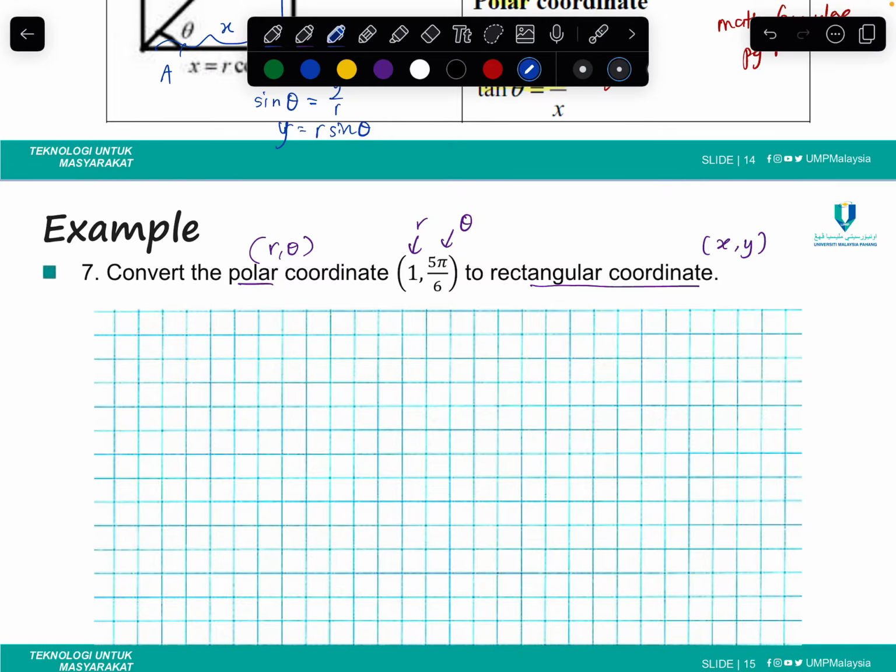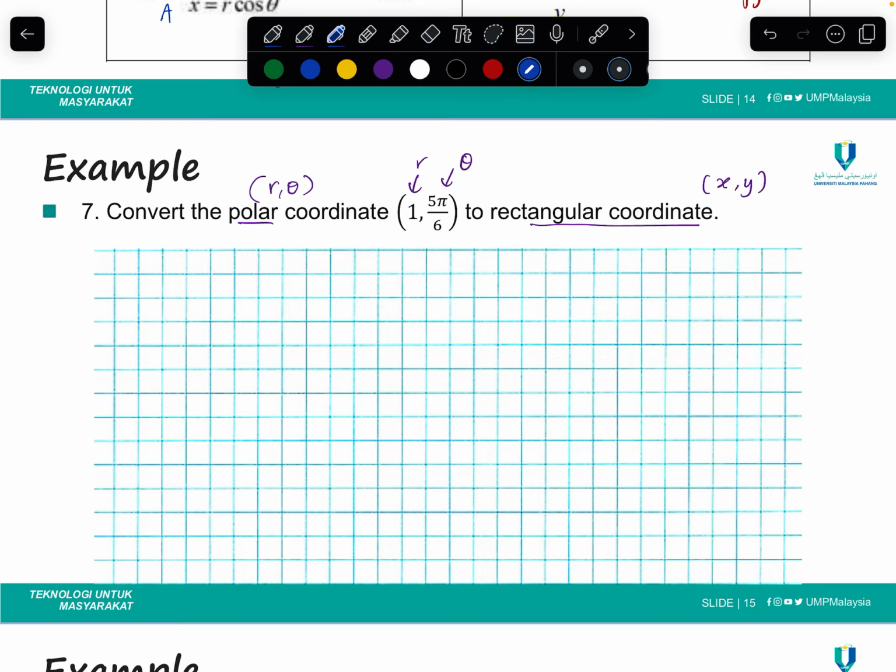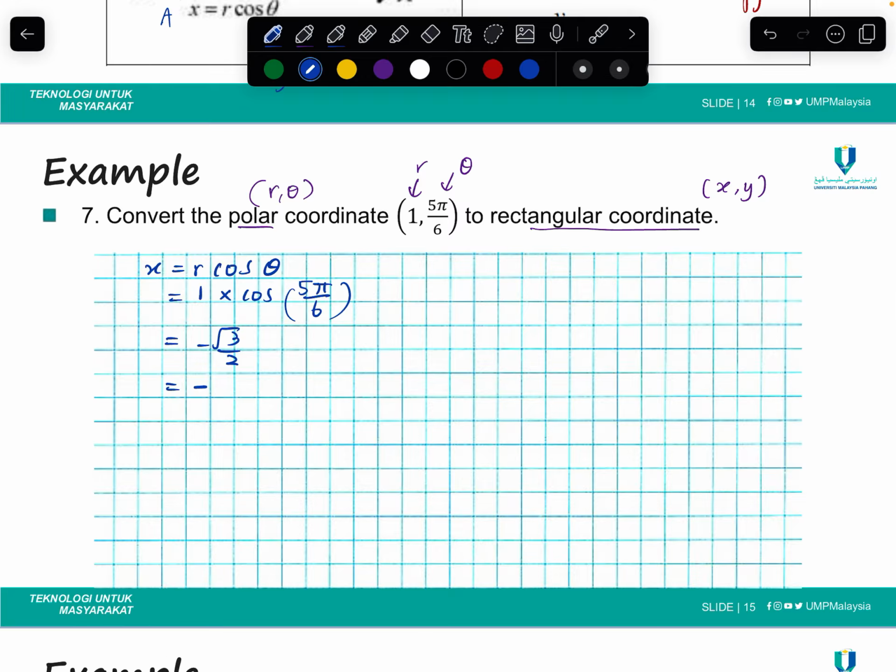By using the transformation formula in the previous slide, x equal to r cos theta, where r is 1 and theta is 5 pi over 6, we substitute the value of theta into this calculation. Then you will get this answer, or you can write in decimal. We have a negative value here, so we obtain x equal to negative 0.8660.